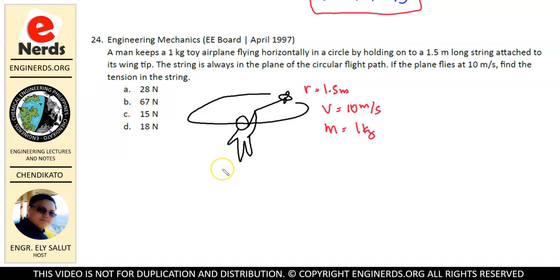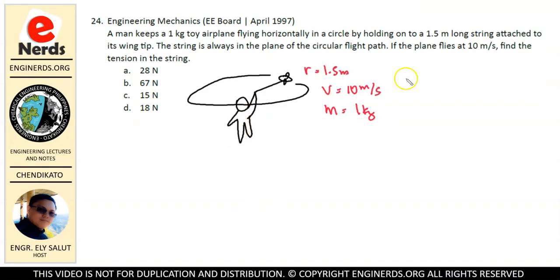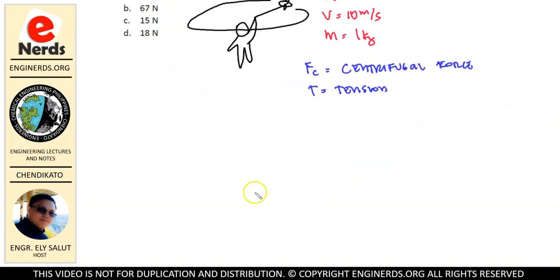Alright, so we already have an equation or formula for this, which we studied in engineering mechanics and also in physics. We just have to take note that FC is the centrifugal force, and T is the tension, in this case the tension on the string. We learned in our physics class that tension is equal to the centrifugal force.